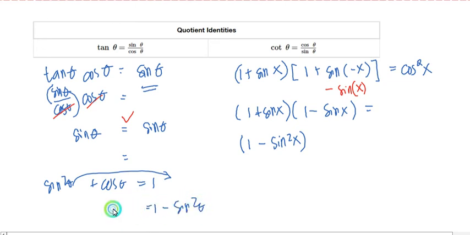This is equal to cosine squared theta. That means the whole equation is equal to cosine squared theta, or cosine squared x, I mean, which is the right side of our equation. And this is a verified identity.